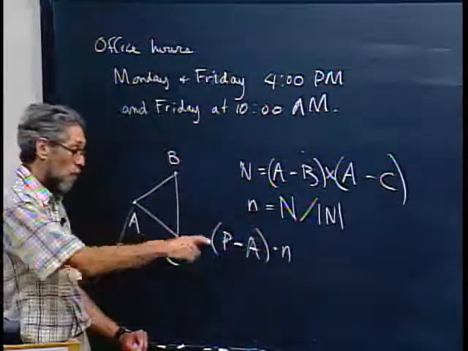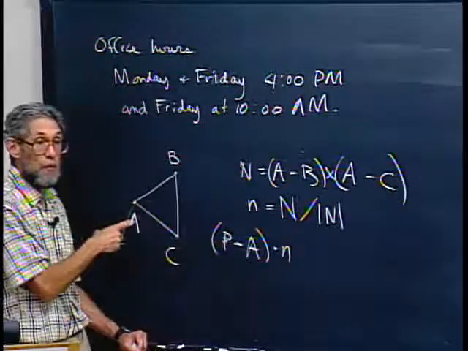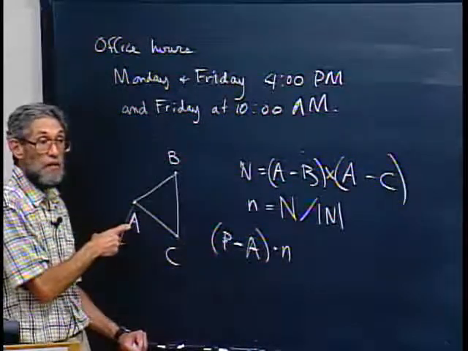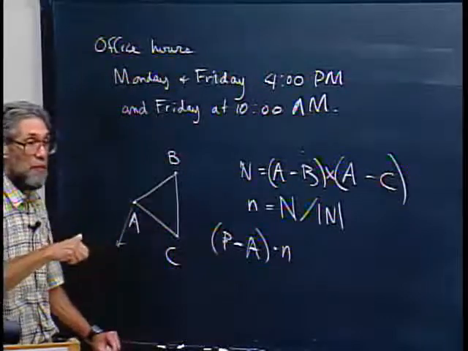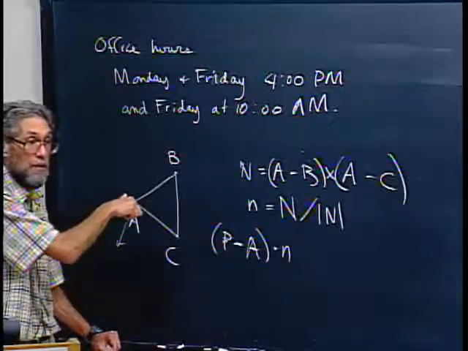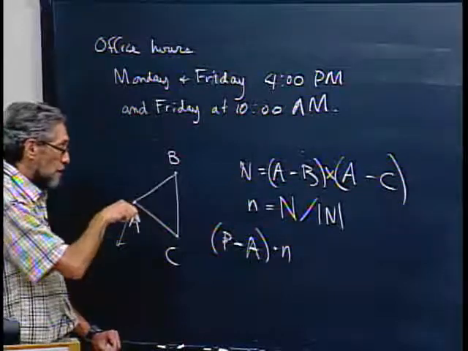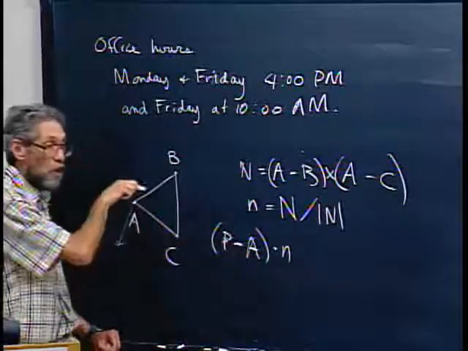If I take a point P which is right on the blackboard, I'm going to get 0. And if I take a P that's on my side of the blackboard, I'm going to get a negative number.